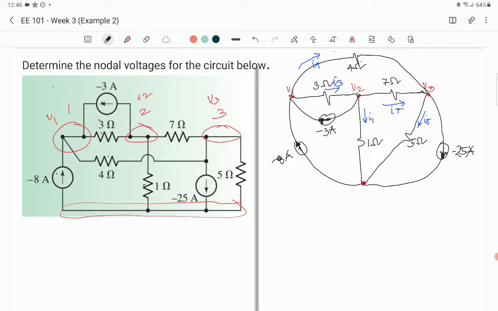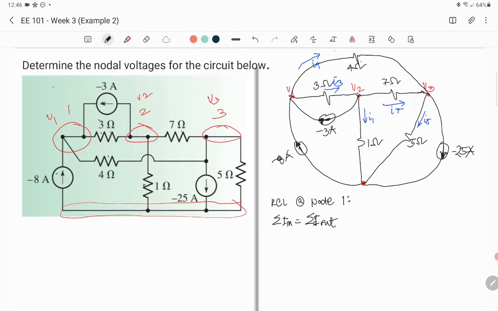So as expected, we would also have three equations to solve for the unknowns. Now let's use KCL at node 1. When we say node 1, this refers to V1. Again, the current in is equal to the current out.